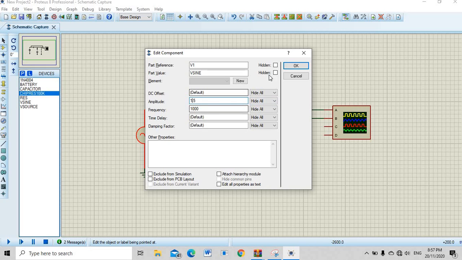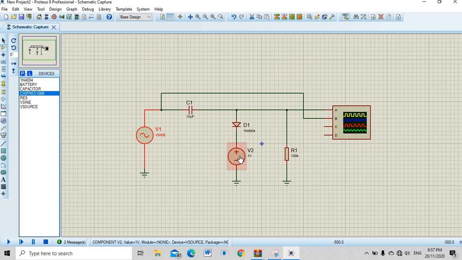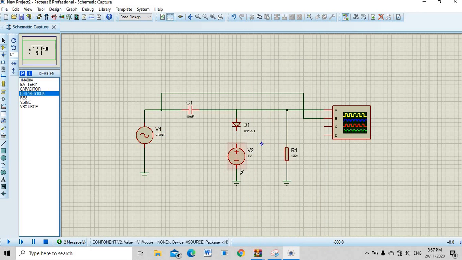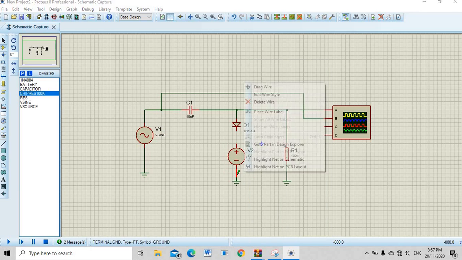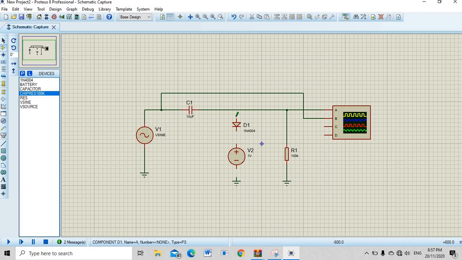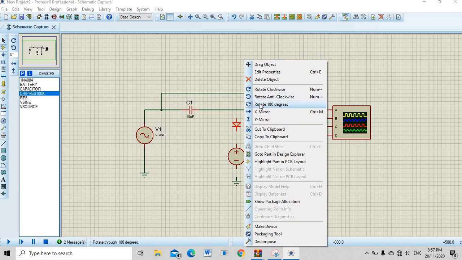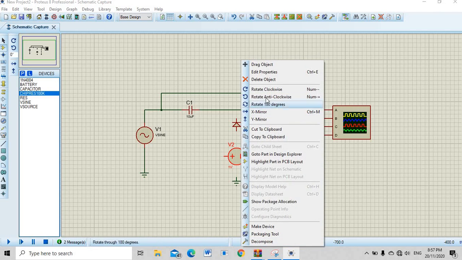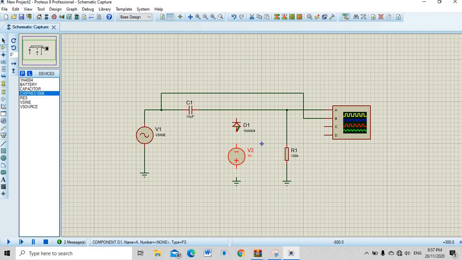The frequency remains the same, 1000 Hz. Also rotate the direction of the components here, the voltage source and also the diode.